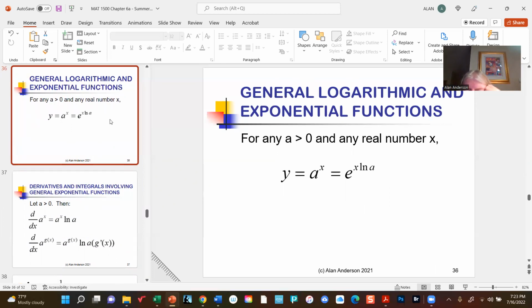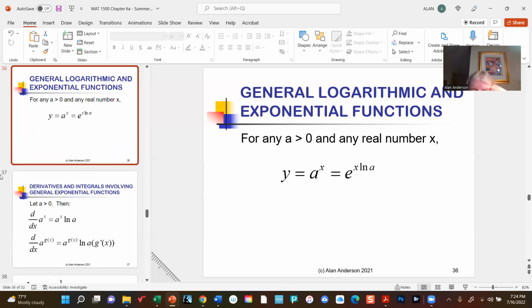It turns out that for any a, as long as it's positive, and as long as x is real, a to the x equals e to the x log a. Interesting. And you can see why that might come in handy. Not always, of course, but there may be cases where you've got a very complicated integral, and knowing this could help smooth things along.